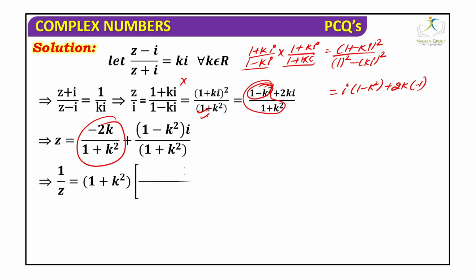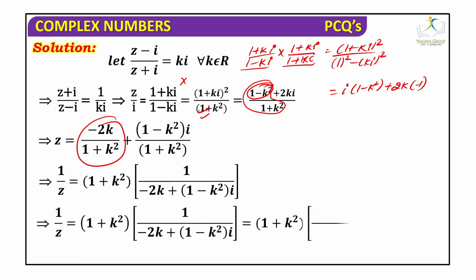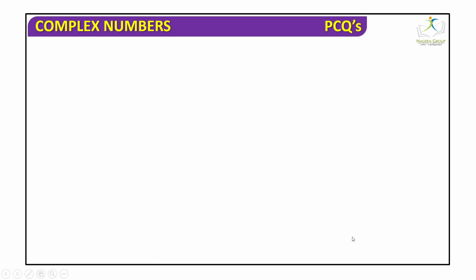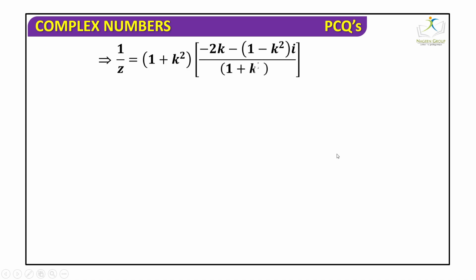Now 1 by z comes equal to 1 plus k squared into 1 by this complete minus 2k plus 1 minus k squared into iota. From here you can solve it, you can rationalize it, and you will get this value. Now 1 by z is equal to 1 plus k squared minus 2k minus 1 minus k squared into iota, divided by 1 plus k squared whole squared.